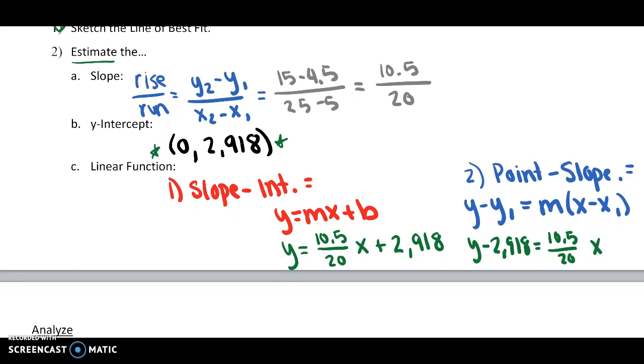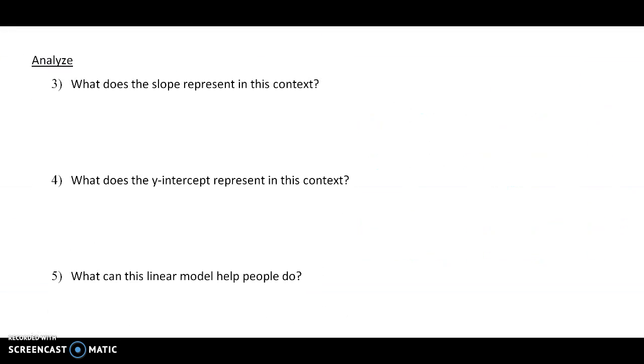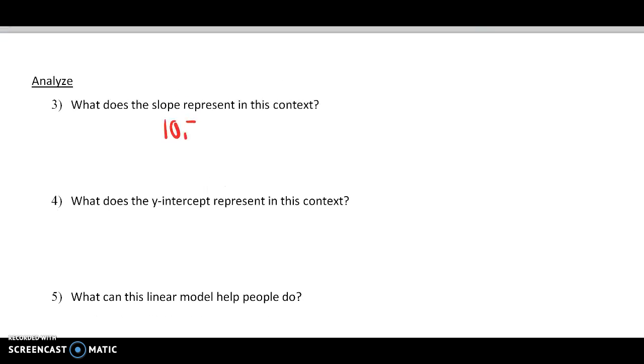Okay. So flipping over to the next side, the really important thing is to analyze and interpret this data. So what does the slope represent in this context? I'm just going to write the slope again. Our slope was 10.5 over 20.